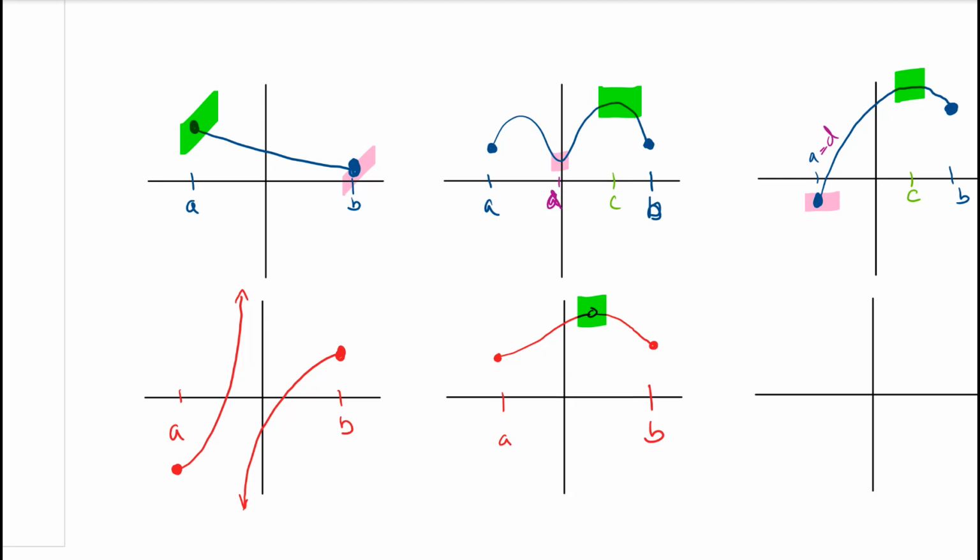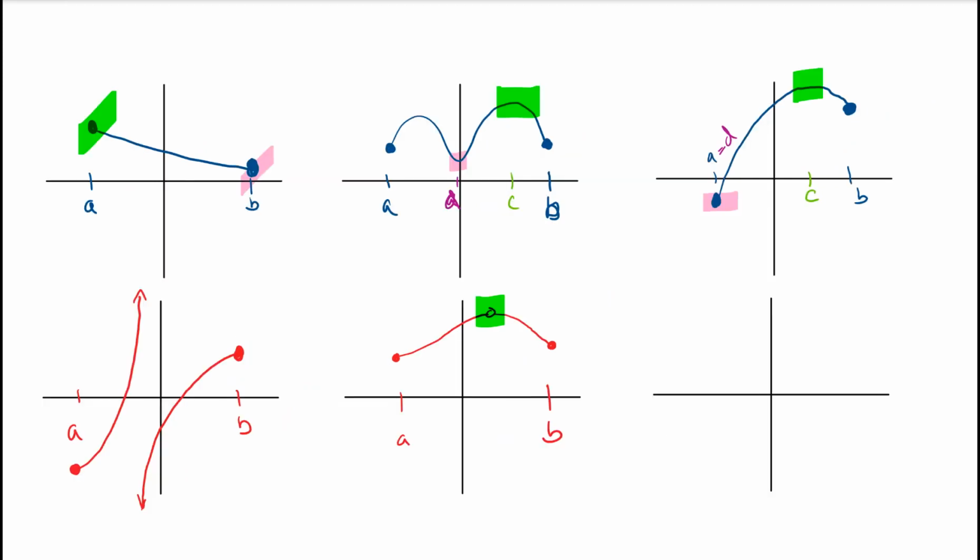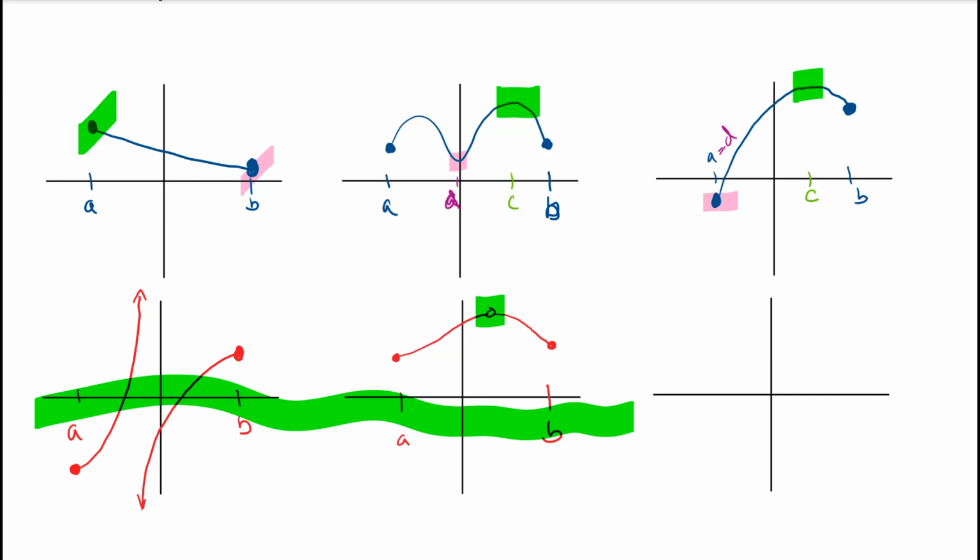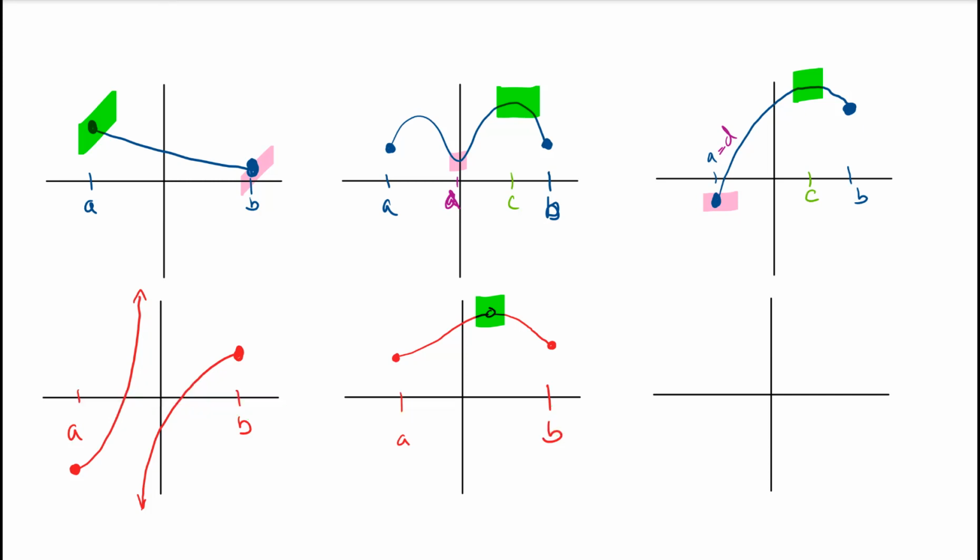It never achieved that value. So we've now seen a couple of examples of where the extreme value theorem works, up top, and where it does not work, down below.